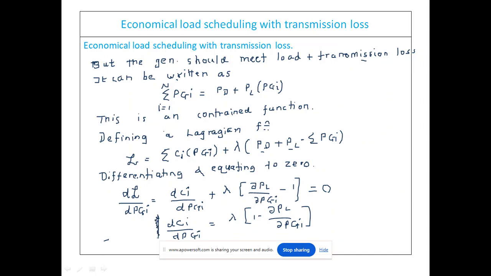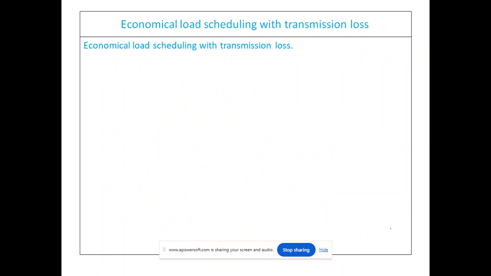Now I will write it in other different forms. This is called as penalty factor. Okay, so I will write it in more simplified form.